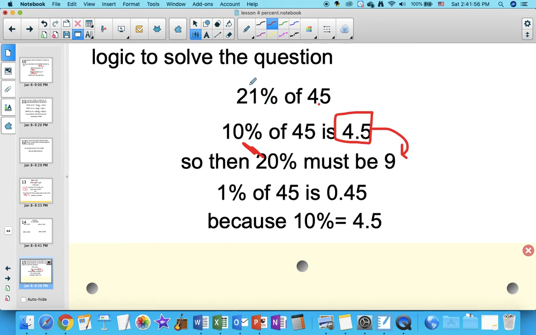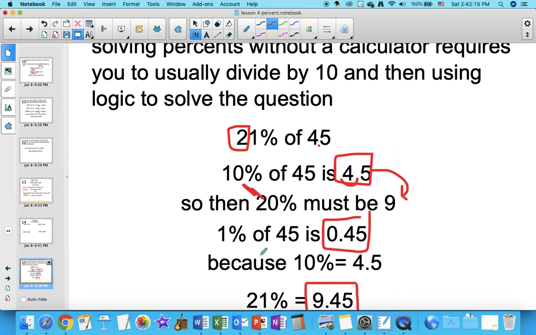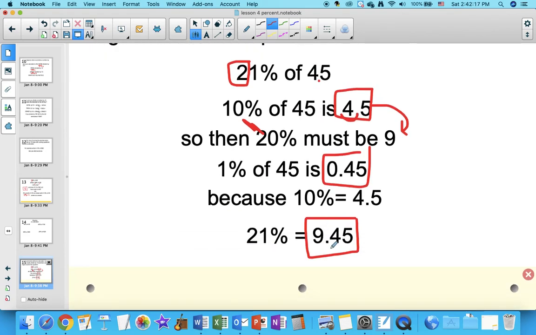So now I have the 20%. Now I'm looking for the 1%. Well, I already know that 10% is 4.5, right? So then I just move the decimal over one spot to get 0.45. So then 21% of 45 is the same as saying 9.45.